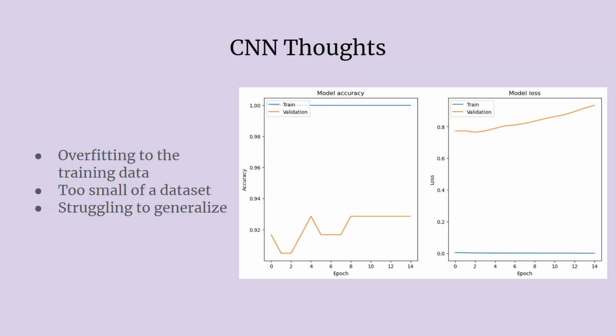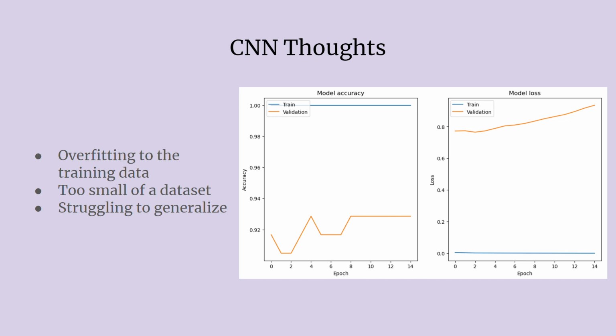I have some thoughts on this CNN model. As you can see, here is an example of the model accuracy graph and the model loss graph. The training data for the model accuracy graph has 100% accuracy, and the model loss graph for the training data shows that the training data has 0% loss.